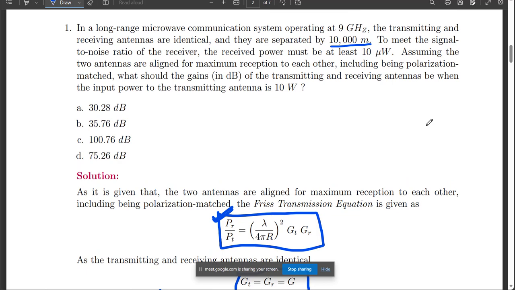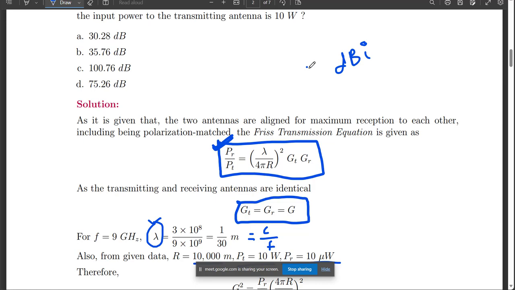What does dBi mean? dBi means the gain is compared with the isotropic antenna. So let's say if an antenna has 10 dBi gain, it means that it is 10 dB better than the isotropic antenna. So the unit we use for gain is dBi.